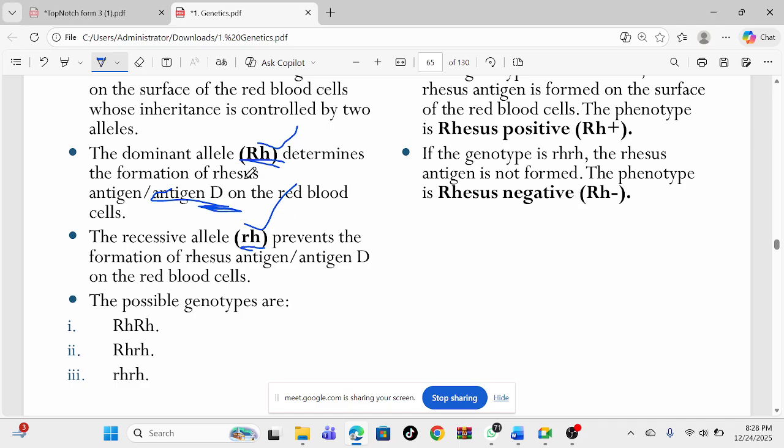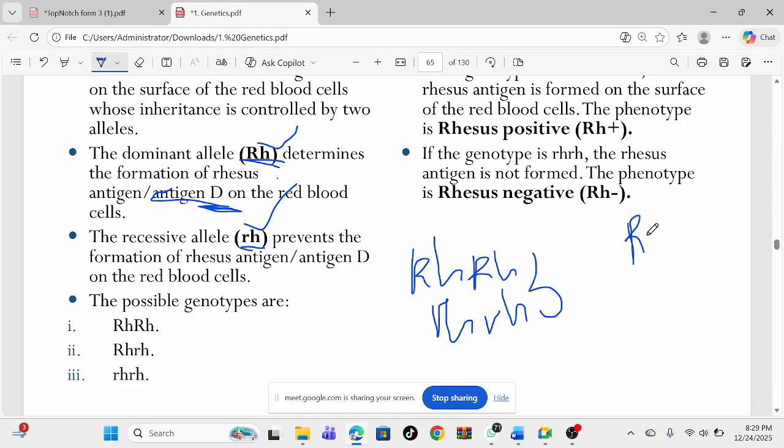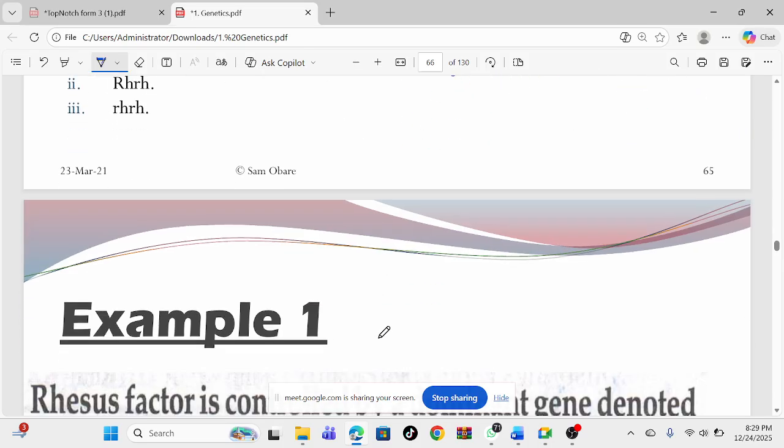So the possible answers are just three. Either both are dominant, RH RH, or both are recessive, small r small h, or heterozygous, which is capital R H and small r h. And this is known as heterozygous.